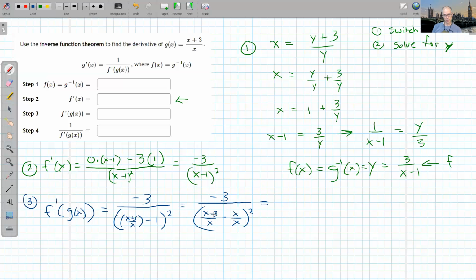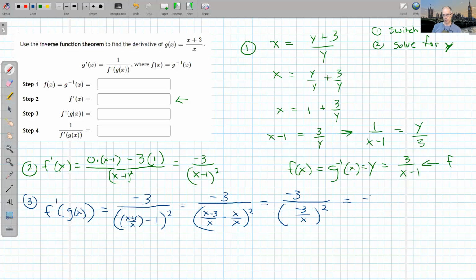And let's see, x plus 3 minus x is just 3. So now I have negative 3 over 3 over x in the denominator squared. And then we can multiply by the reciprocal there.